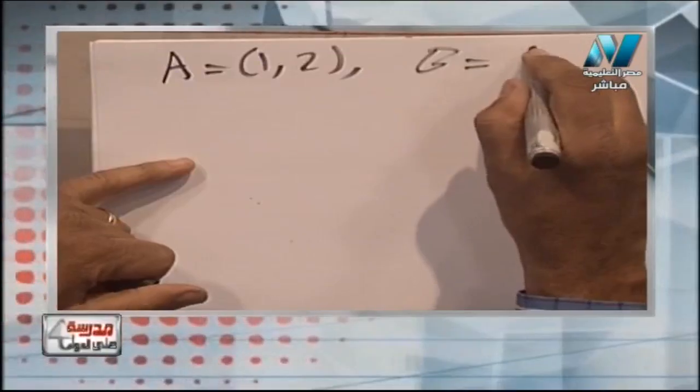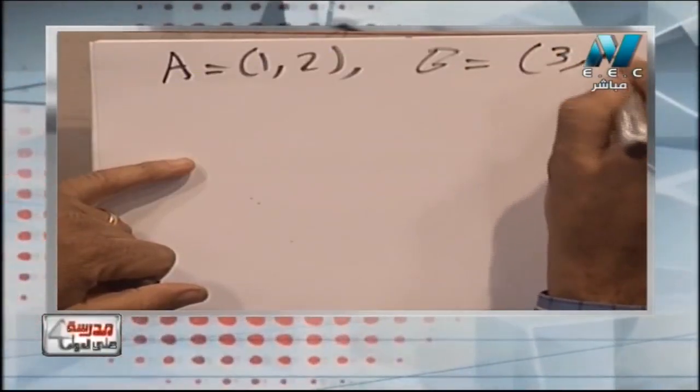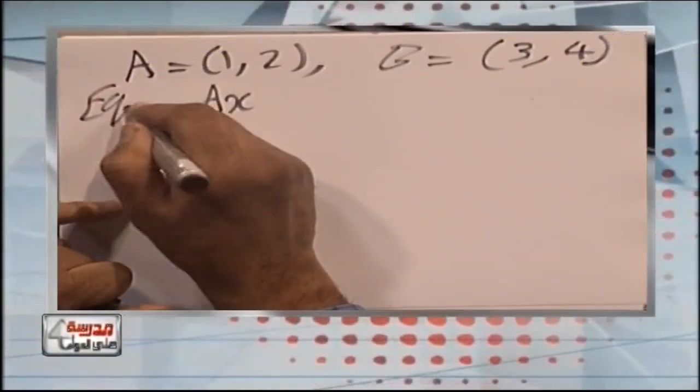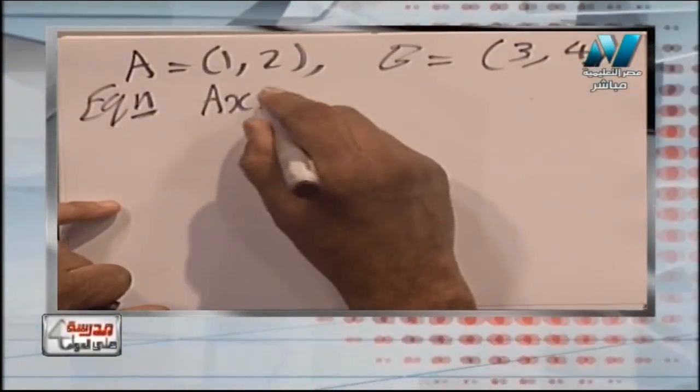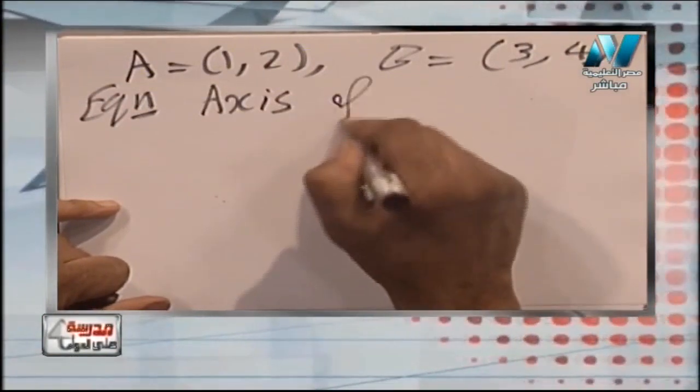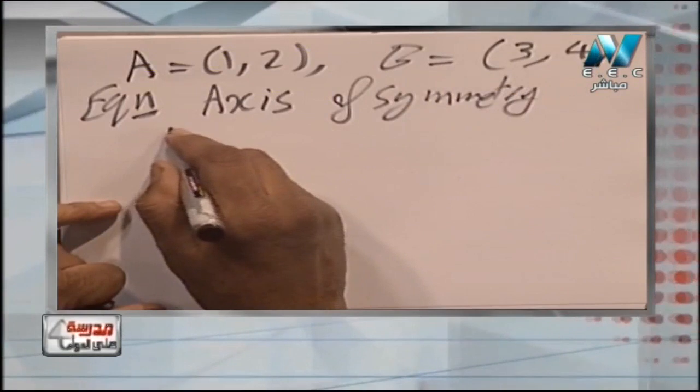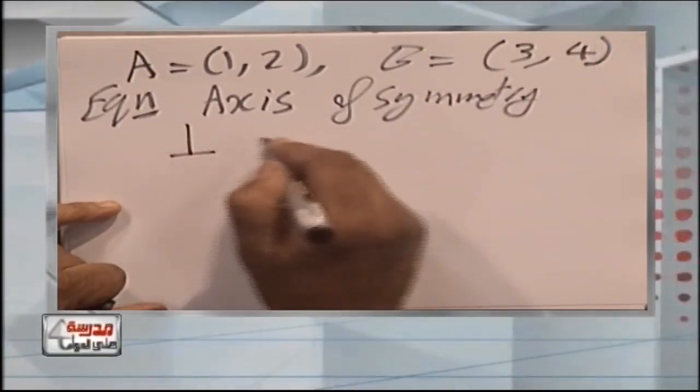The last example, if we have A (1, 2) and B (3, 4), we want to find the equation of axis of symmetry. Which means axis of symmetry makes bisect and perpendicular.